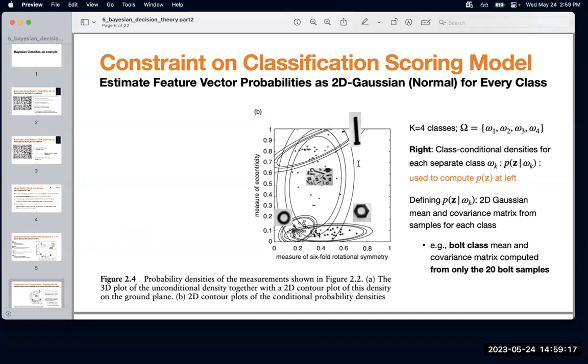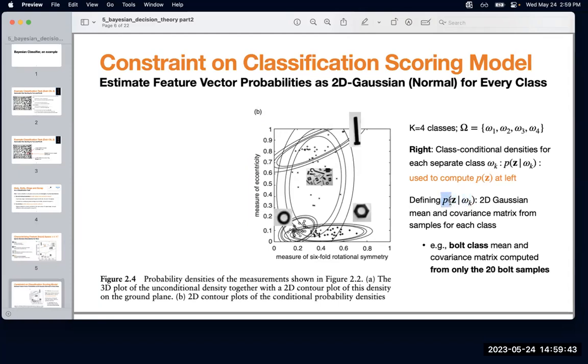So this means that I want to estimate first my likelihood, and my likelihood is represented here. That's what we are trying to model in the first place. So here we are using the nomenclature of Z to represent our input. Z is essentially our input space or our input points or vectors, and omega are our classes.